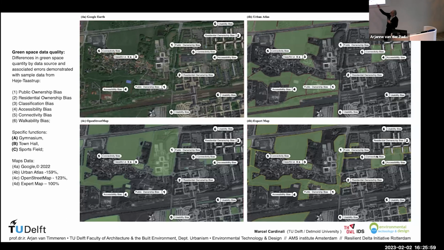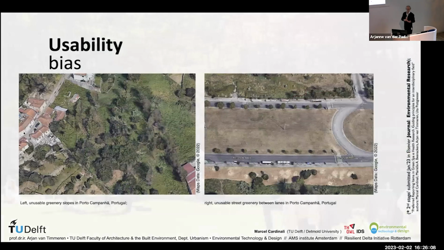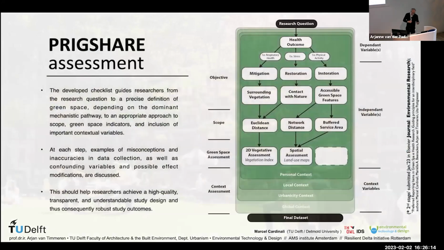So all this together is important to include in your assessment of how to include and change the amount of green integrated in your plans. As I said, this is something you can read afterwards, but I think it's very important because it tries to include the personal context, the local context of the city, and the global context.